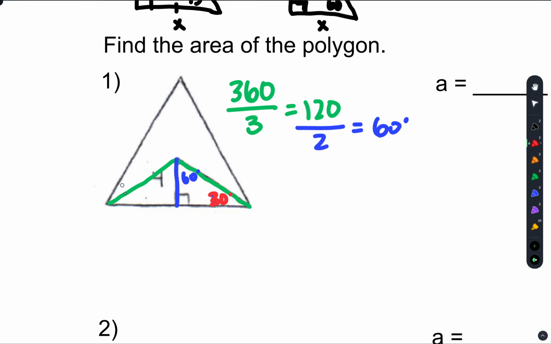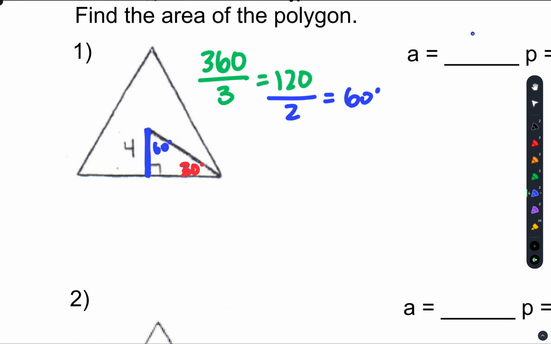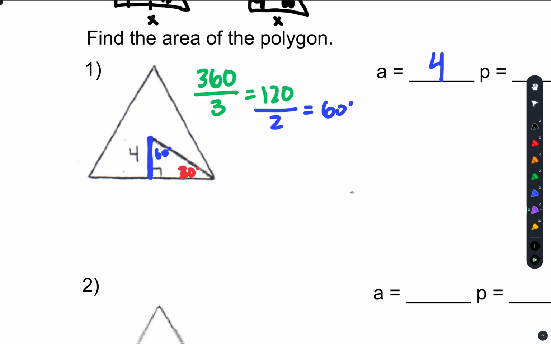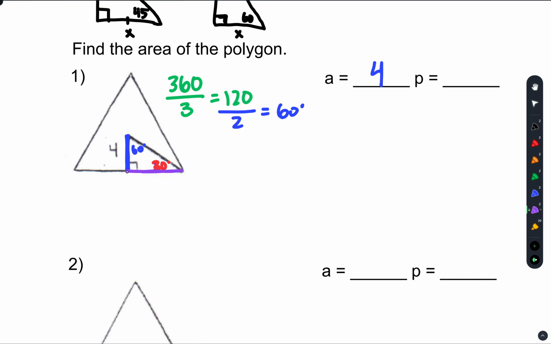Okay, so now the apothem in this shape is this 4 right here. Everybody sees that? Apothem is 4. In my special right triangle, that's the short leg of my 30, 60, 90. So to find the long leg, because the next thing that I need for my formula is the perimeter, so I need to figure out what this guy is right here.